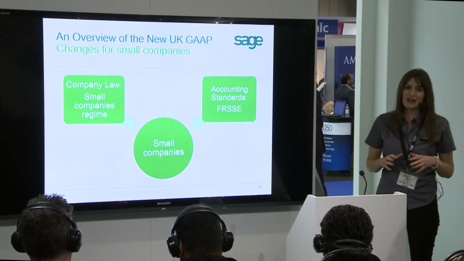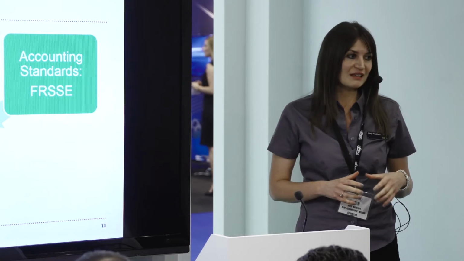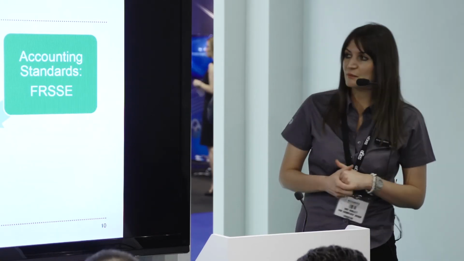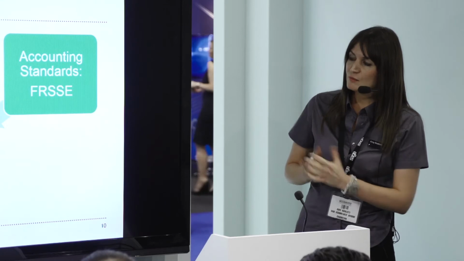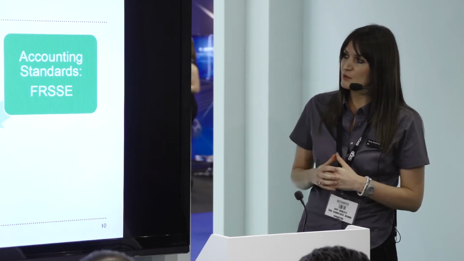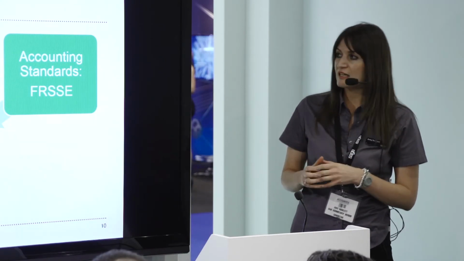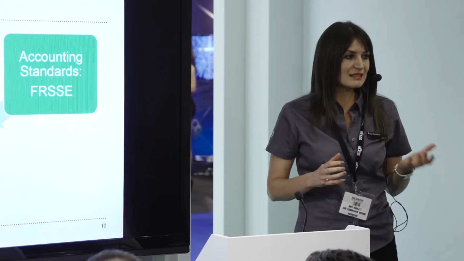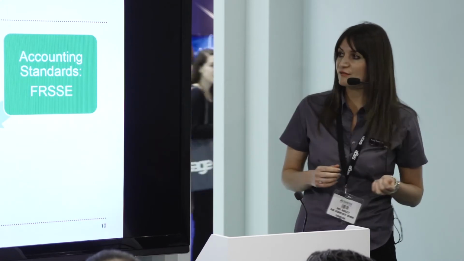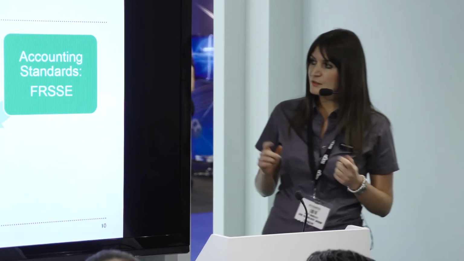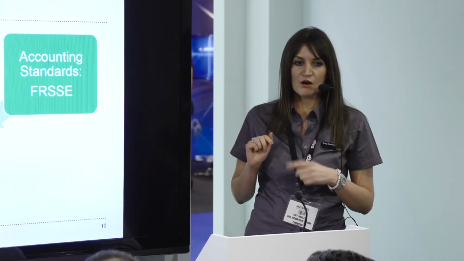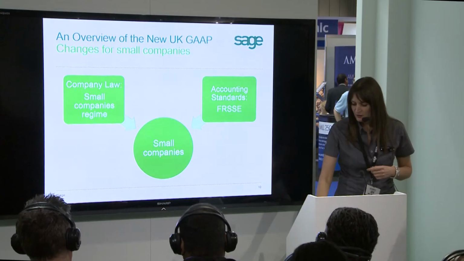But actually, there are changes in the FRSSE, so it is probably worth covering. So small companies at the moment, as you all know, are governed by company law. So we've got the small companies regime and accounting standards, which is currently the FRSSE. And both of those are changing at the moment.